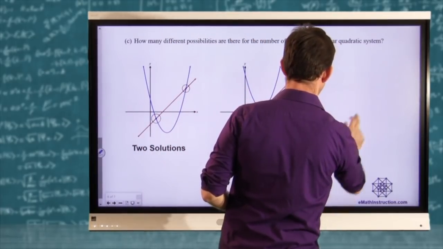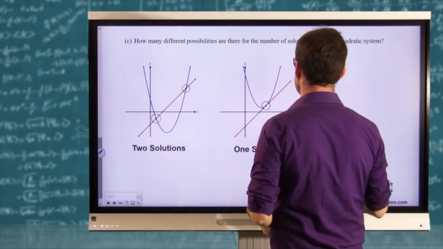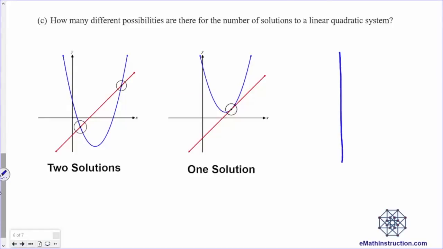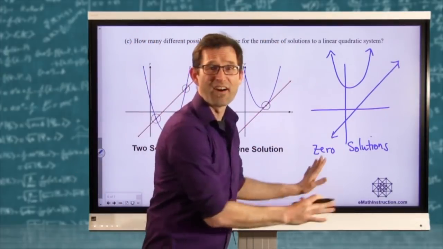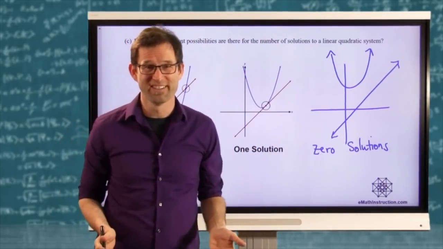It's gone. Well, I'll just draw it then. It was there originally. But of course, we could have the scenario where we have a parabola and a line that don't intersect at all. This would be 0 solutions. And I did have a nice little graphic for that, but somewhere it's missing on here and I can't see it because it's invisible.